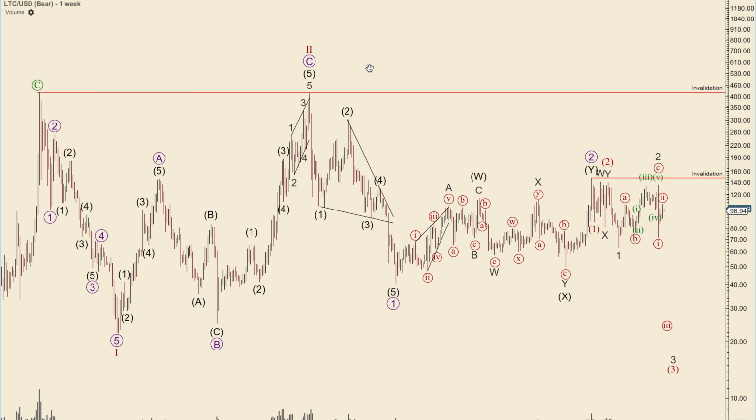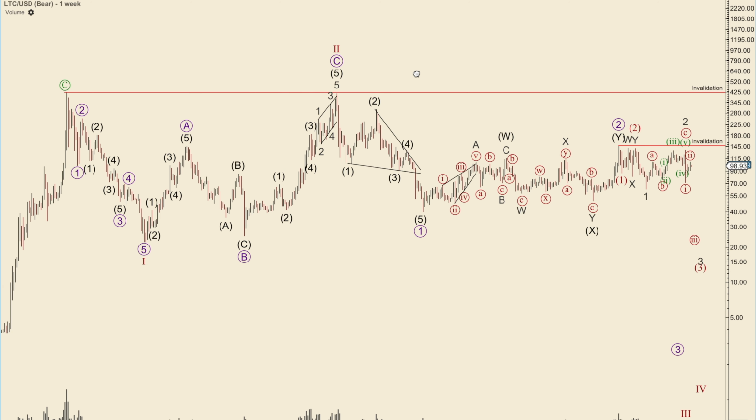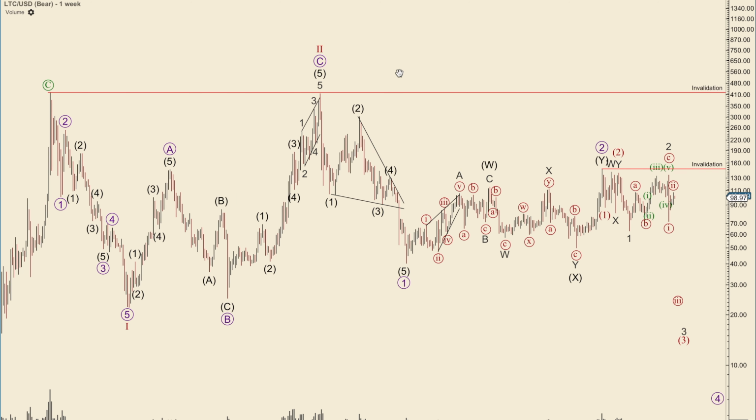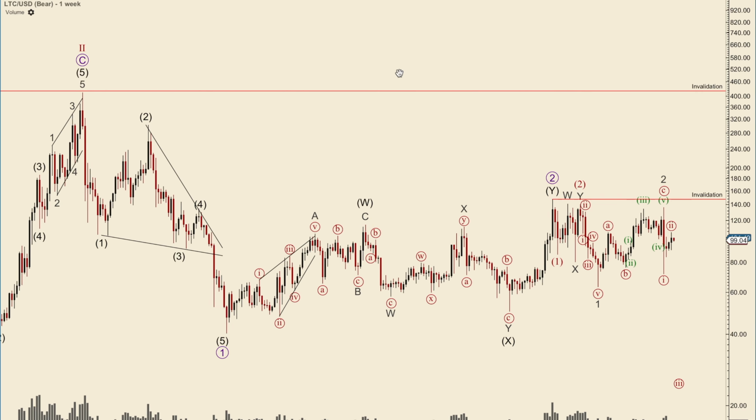You have to just deal with probabilities and do the research yourself. Only trust yourself and trust sources that you look at very critically, perhaps. But do the analysis yourself. That's my advice. So yeah, it is looking very bullish for Litecoin.